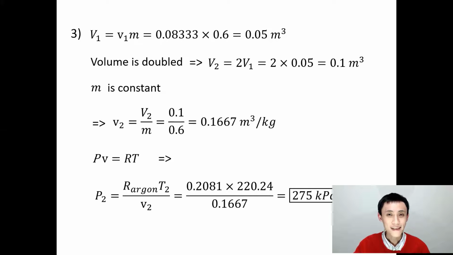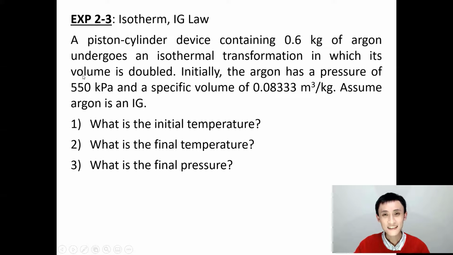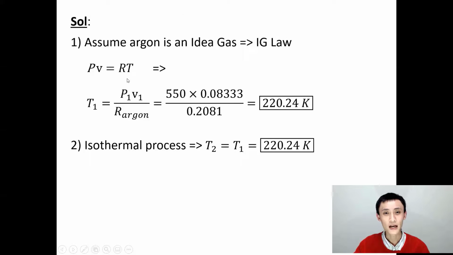The third one is asking for the final pressure. We can think about the ideal gas law, Pv = RT. We know the final temperature, so we probably need to know the final specific volume. The problem says that for the process, the volume is doubled.